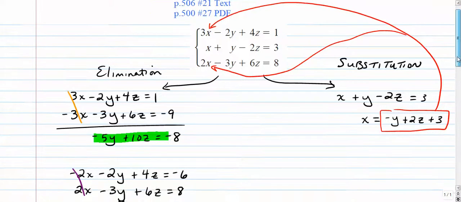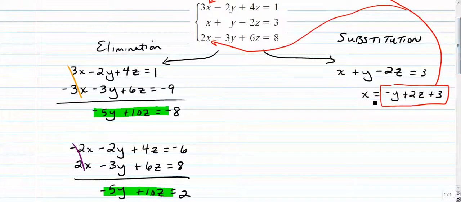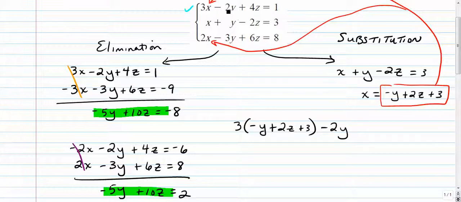What that'll give you is two rather lengthy equations with only y's and z's. I'll show you the first one. Here we go. 3 times x. X, of course, we're going to replace with the red thing. Now we're back to this equation, minus 2y plus 4z equals 1. Let's simplify that.